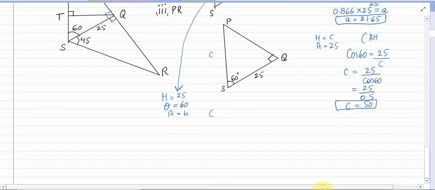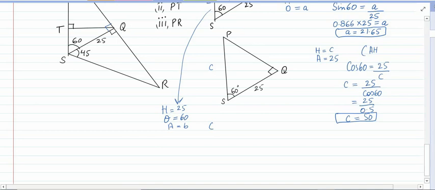So cos 60 is equal to adjacent B over hypotenuse 25, right? Cos 60 we know is 1 upon 2, so 25 multiplied by cos 60. So 25 divided by 2, it's 12.5, is equal to B.